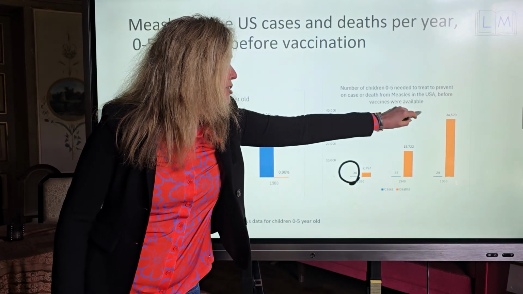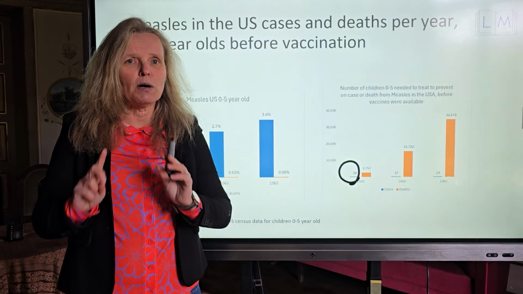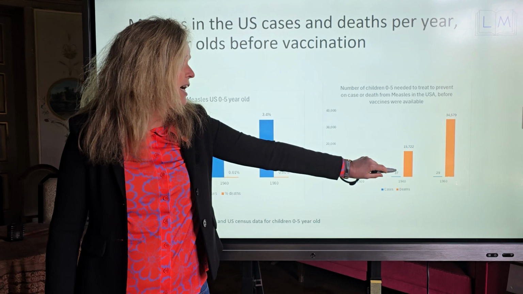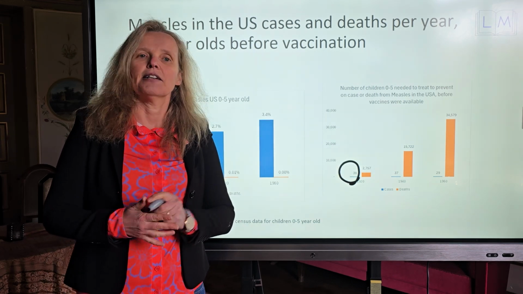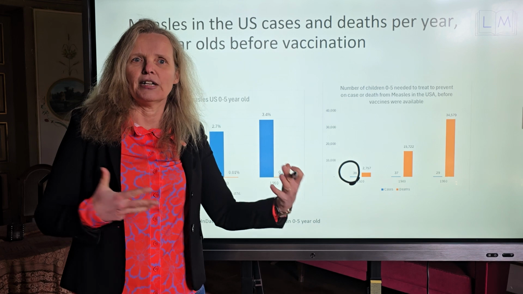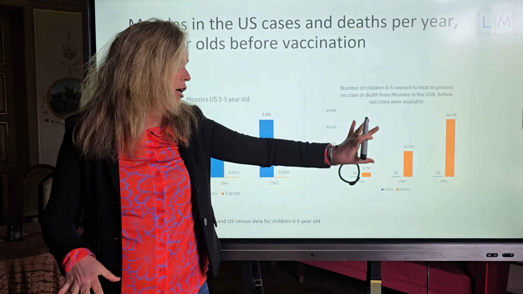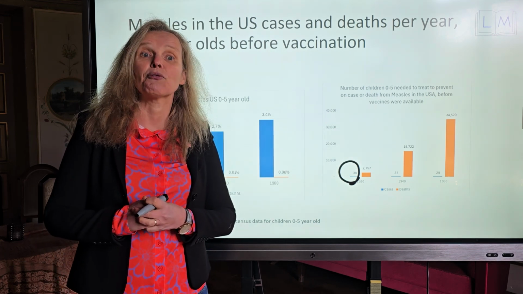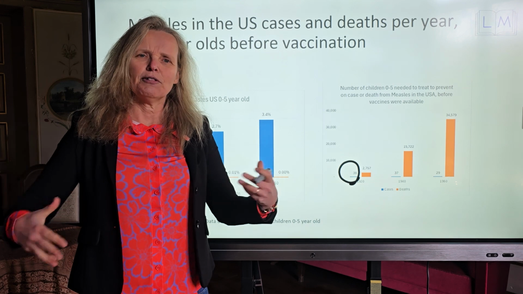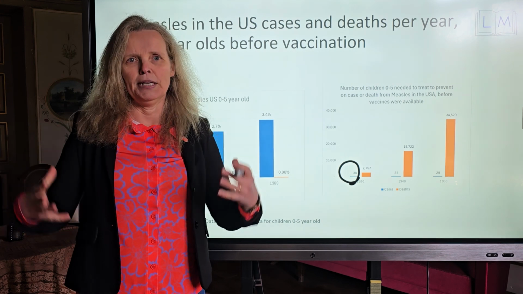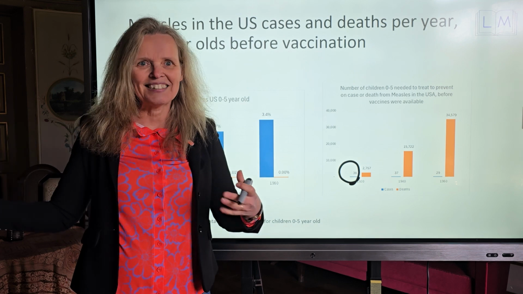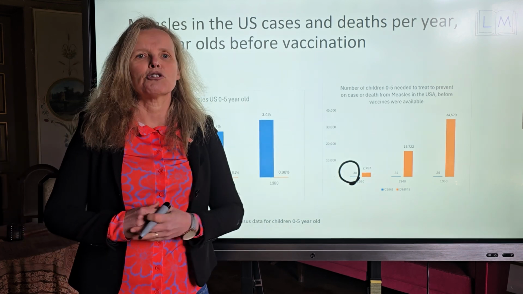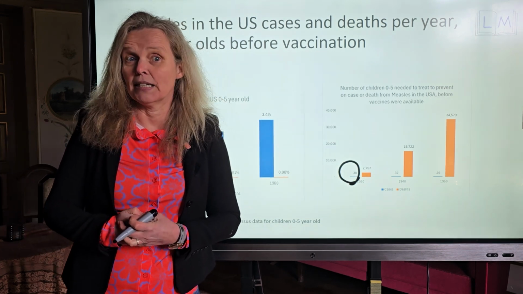But 1960, to prevent 1 death of measles, you would have to vaccinate 35,000 kids. And imagine also the side effects, etc. So a lot of kids need to be vaccinated to prevent deaths. So whenever people talk about measles vaccination really prevented measles death, these data don't suggest that that would be the case.